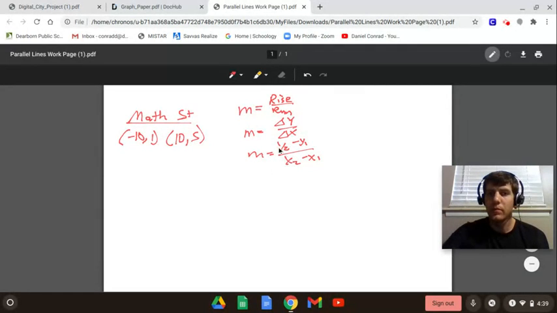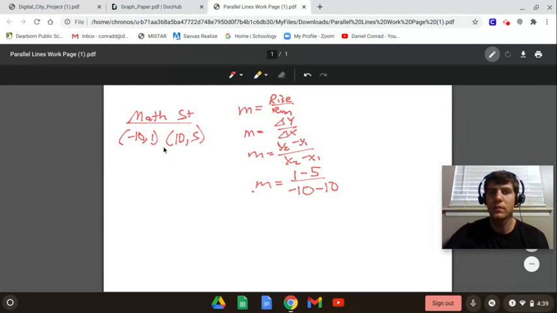So let's use the bottom formula here, and we're just going to substitute in our y values and our x values. So for our slope here, our y values are 1 and 5. So we'll do 1 minus 5. And then our x values are negative 10 minus 10. And this does kind of matter.